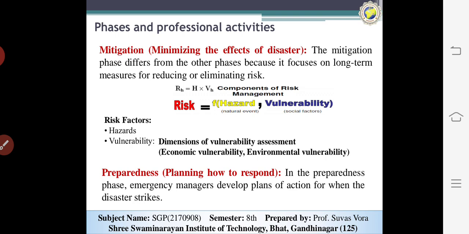Now the activity of mitigation is the identification of risk. It means physical risk assessment refers to the process of identifying and evaluating the disasters.